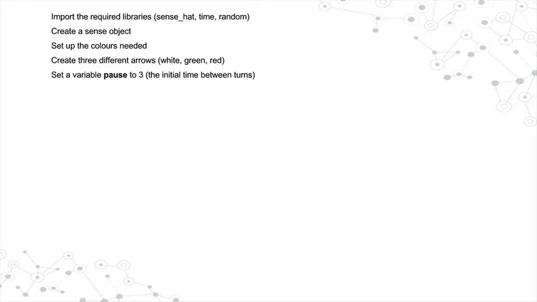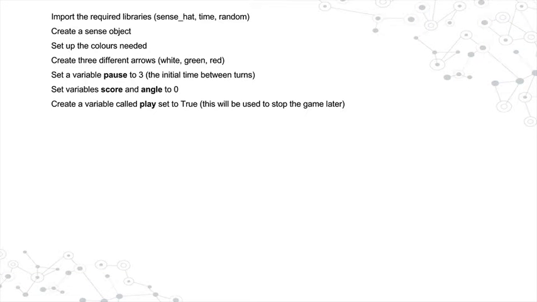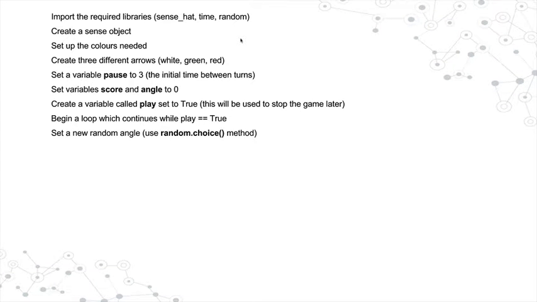Set a variable pause to 3. So you have a variable pause equal to 3. Score and angle to 0. Variable play, set that to true. All right. Begin a loop while play is true. Set a random angle, use the random choice method, which you didn't know, but that's what I'm giving you now.